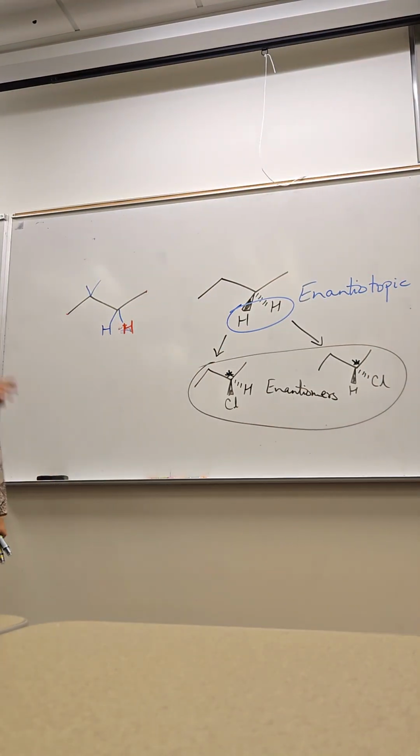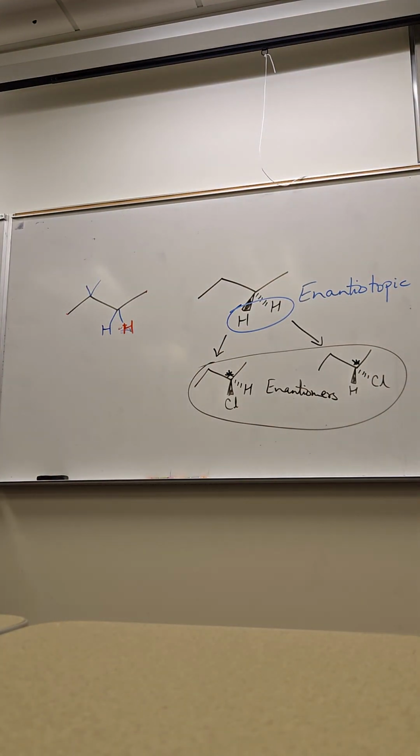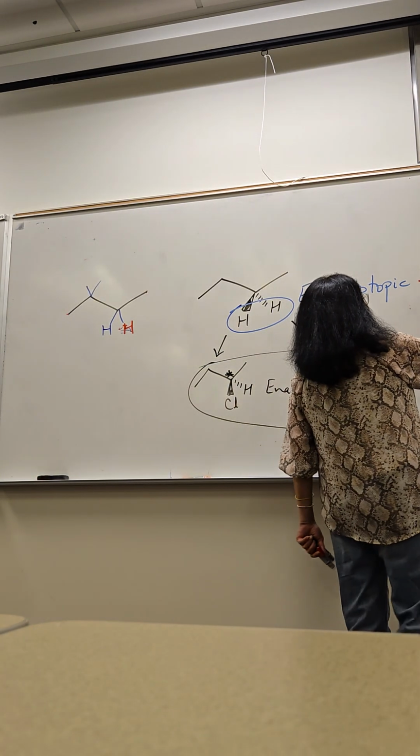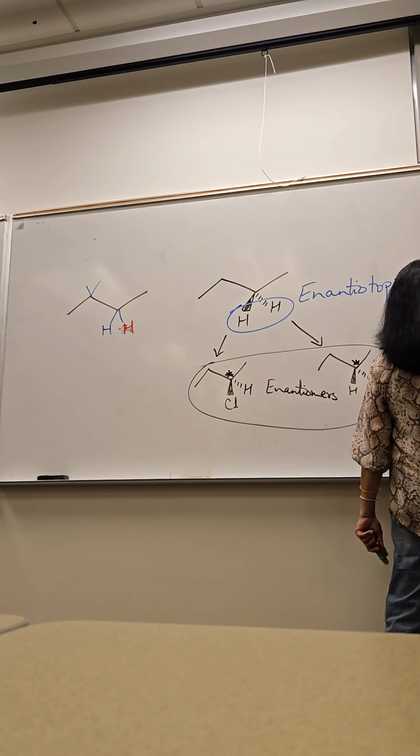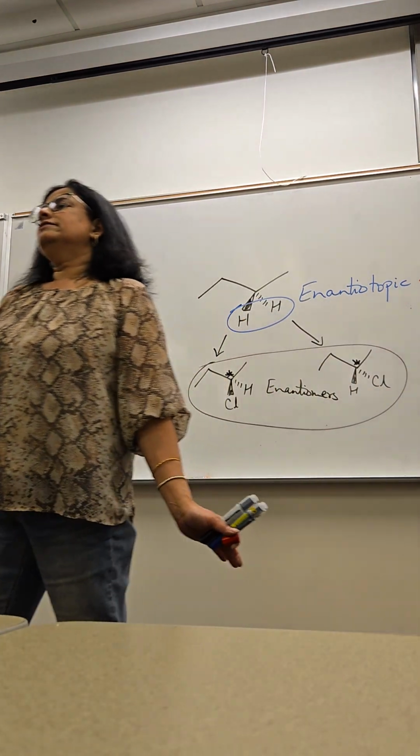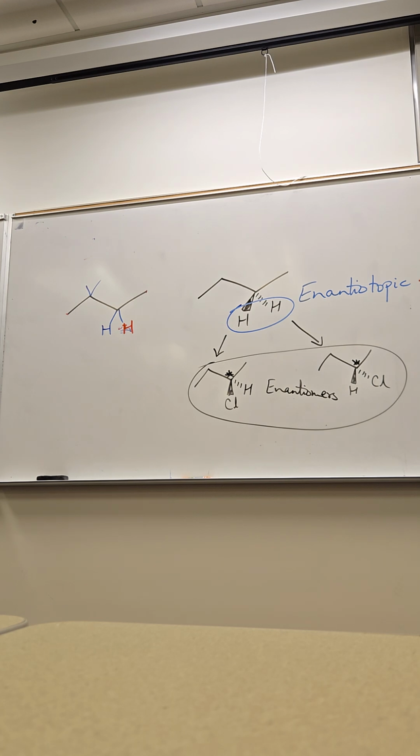So they are not homotopic, they are enantiotopic. However, from NMR's point of view, they only give one signal. In proton NMR, that only gives one signal, so it doesn't really matter. But they're technically not homotopic, they're enantiotopic.